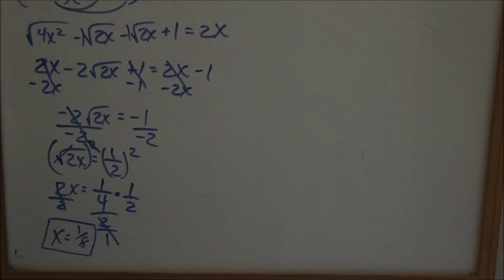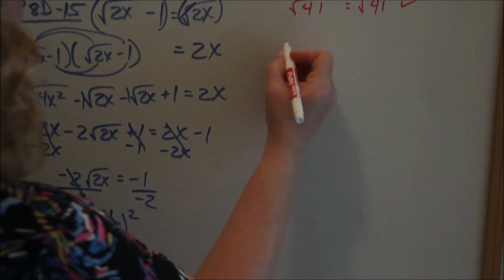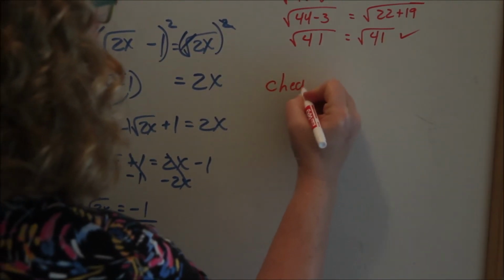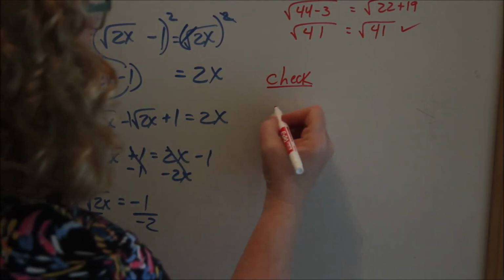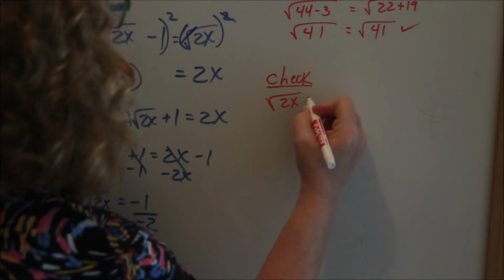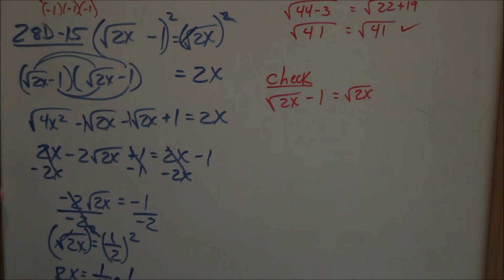Okay, we have to check it, because it's not a guarantee that that answer will work. So over here, when we check it, going back to the original problem, that was square root of 2x minus 1 equals square root of 2x. That was the original problem.